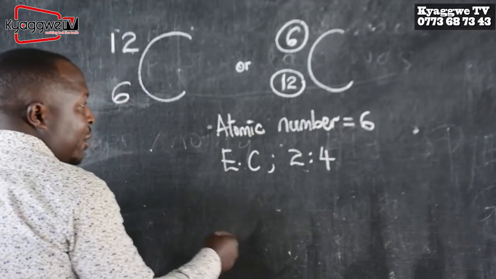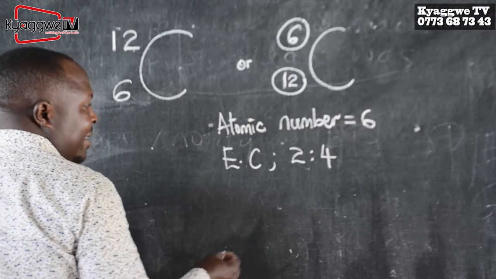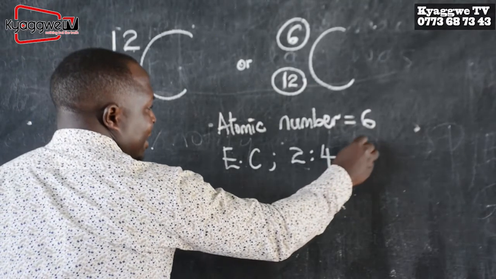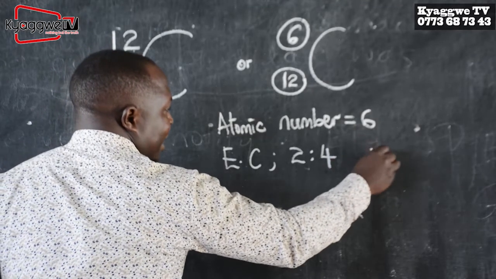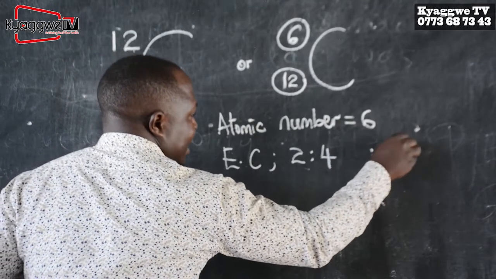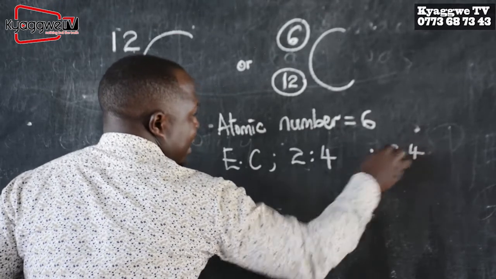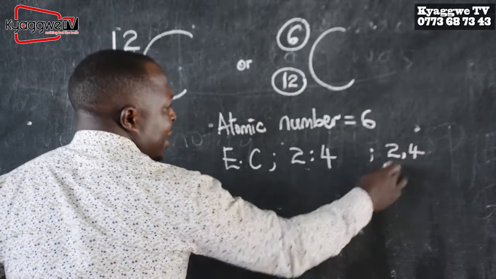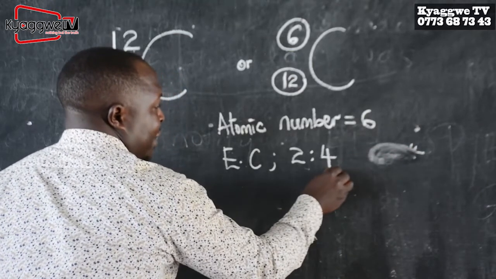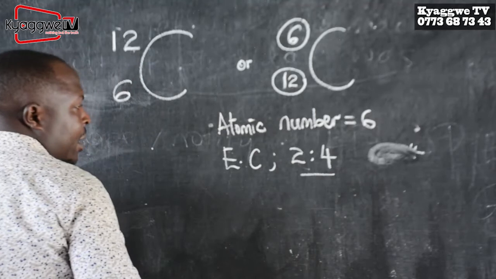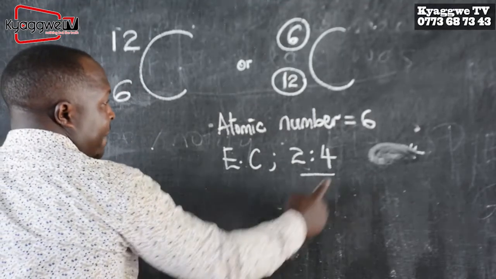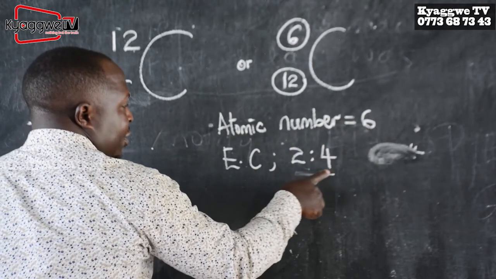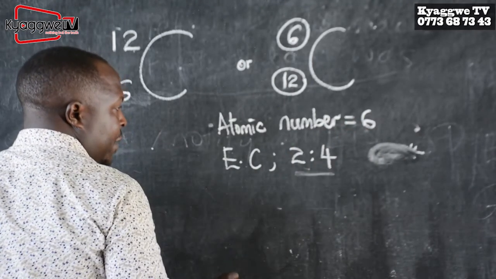Since we're teaching or we're learning with senior 3s, this is electronic configuration. Still, there are some scholars or writers who write it as 2.4, putting a point. However, others even put a comma, but I would love that we go with this. Carbon has atomic number 6, and this electronic configuration is 2,4.